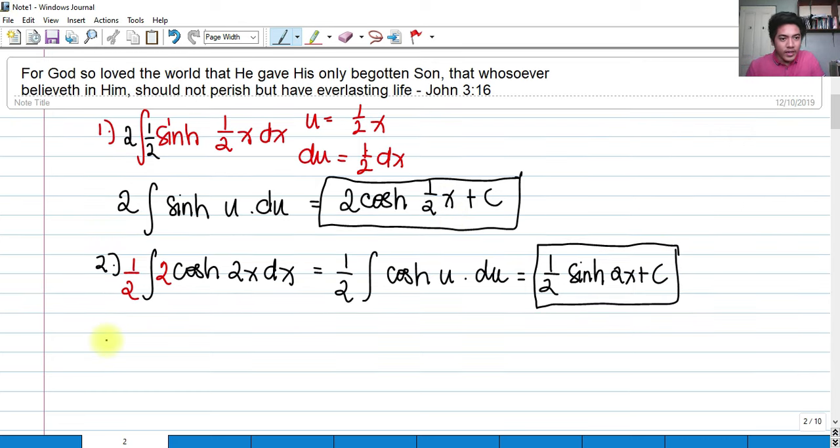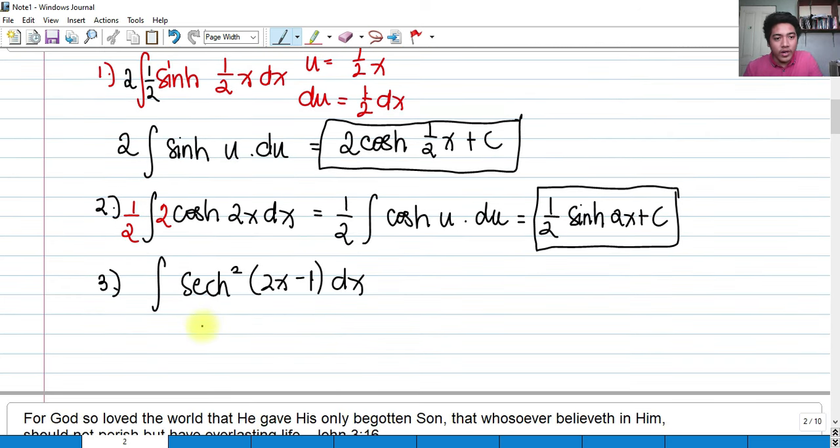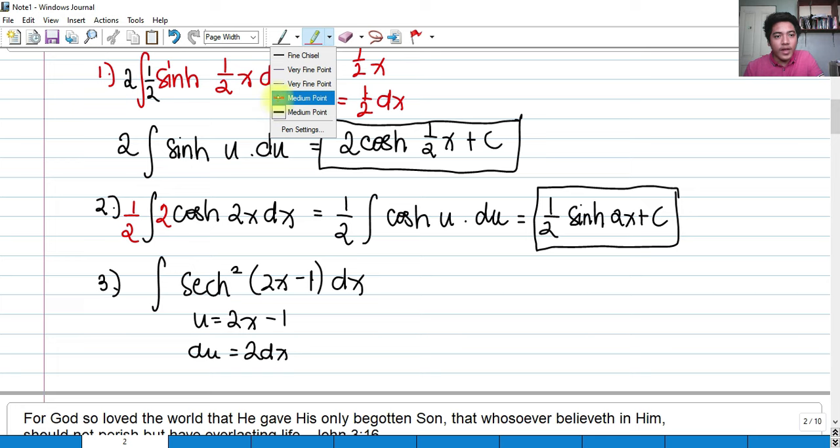For number 3, we need to find the integral of hyperbolic secant squared of 2x minus 1 dx. We will also be using u substitution here, in that we make u as 2x minus 1, the du is 2 dx, so that we will be getting a correction factor. We will be putting a correction factor again of 2 and 1/2 on the outside of the integral.